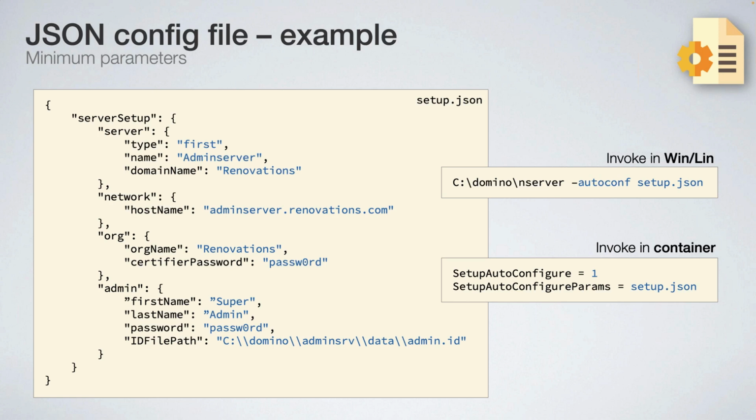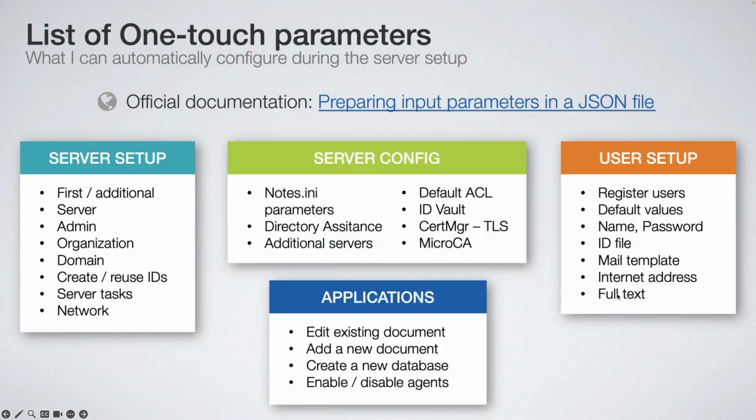Yeah, these are parameters, how this JSON file is passed to the setup on Windows or in container. And it is not just about first installation. In the installation wizard, there are like 10 fields: admin name, server name, domain name, 10, 15, 20 fields.